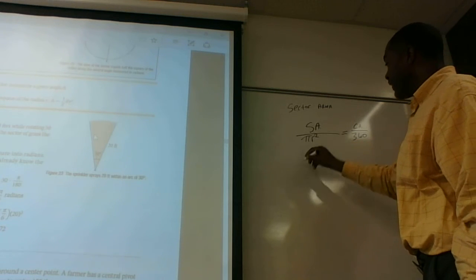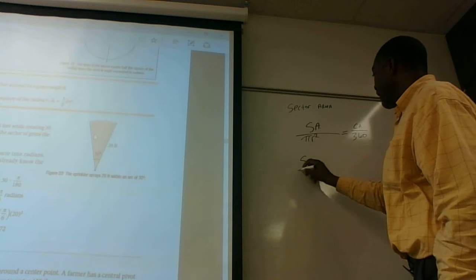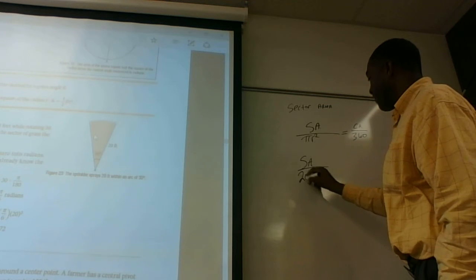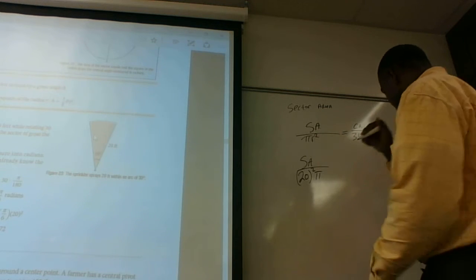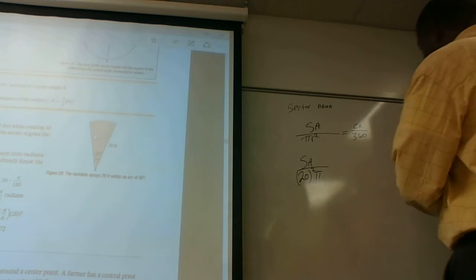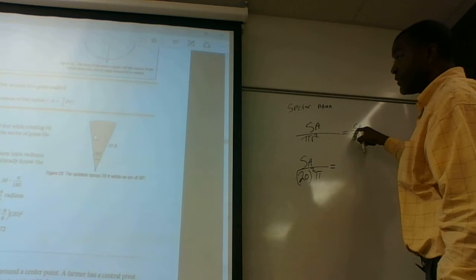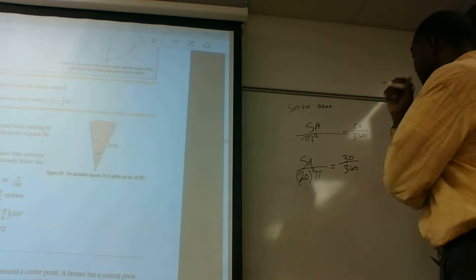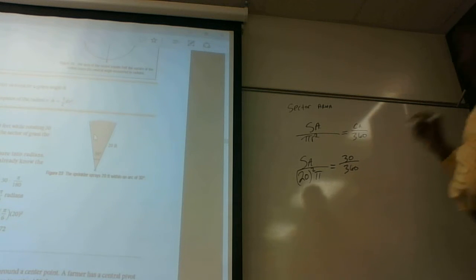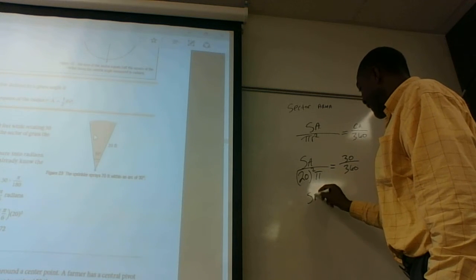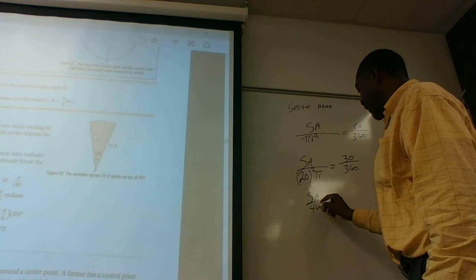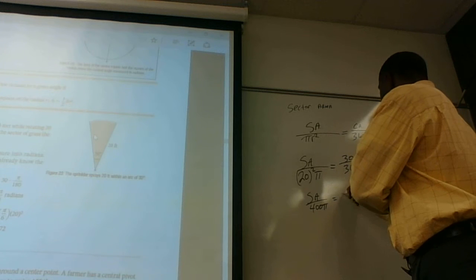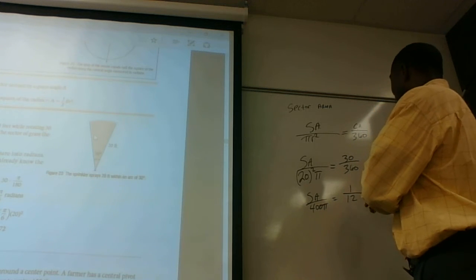So now we're looking for this. If you want to use SA, the radius we said was 20. So SA over 20 squared pi is equal to my central angle, which we said was 30 degrees over 360. By doing the math, you know that's 1 over 12. So SA over 400 pi is equal to 1 over 12.